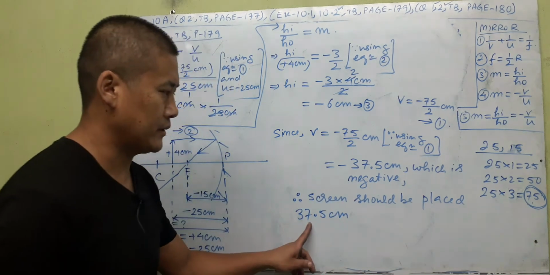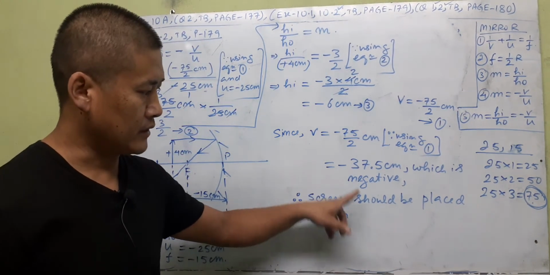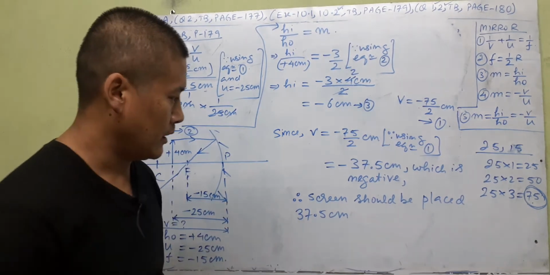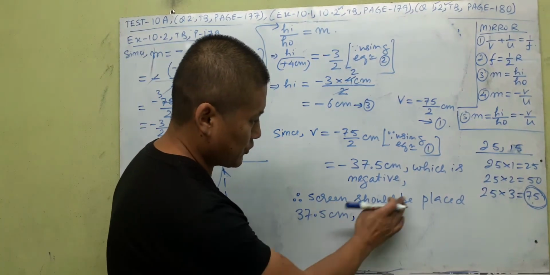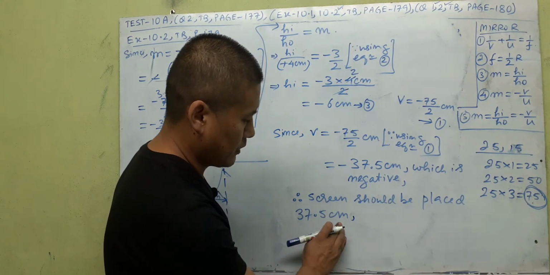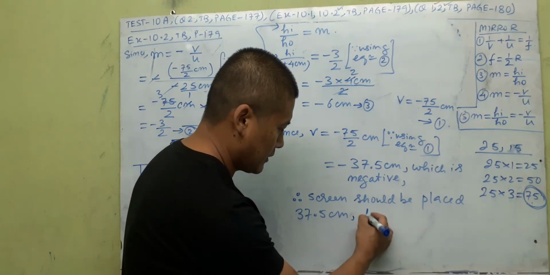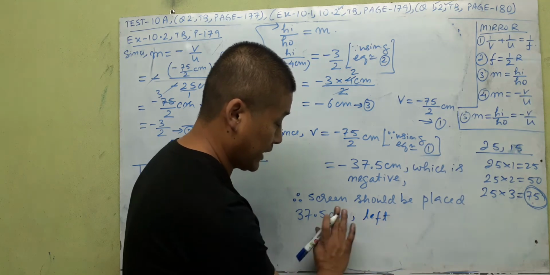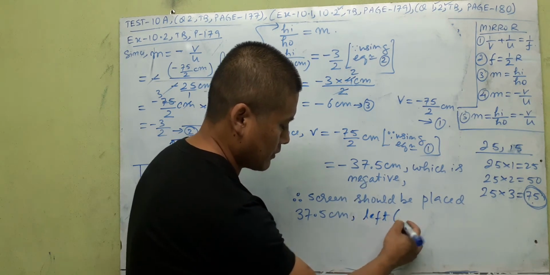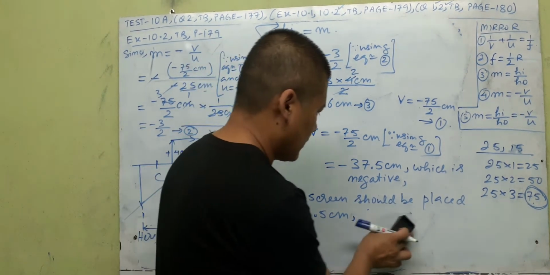In your final answer you need not write the minus. Minus is going to be used for the position. The screen should be placed 37.5 centimeter. But where? Right side of the mirror or left side of the mirror? On the left, because minus. Or you can also write in front.